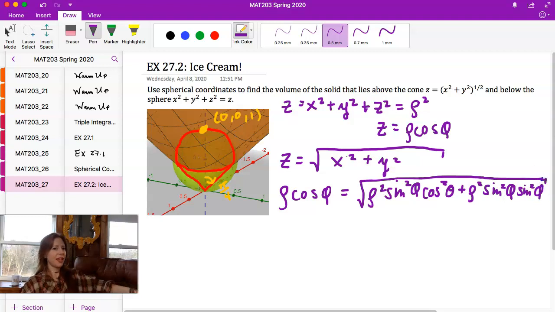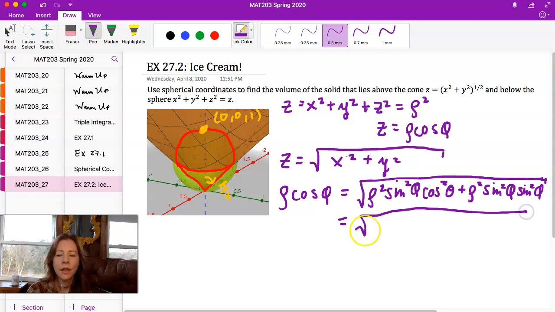Now, get really excited for some trig magic. Let's simplify this a little bit. We can pull out a rho squared. What else can we pull out? Well, we can pull out sine squared phi.